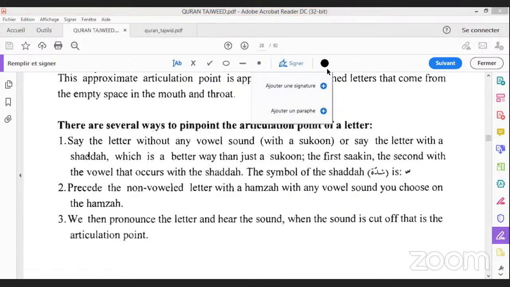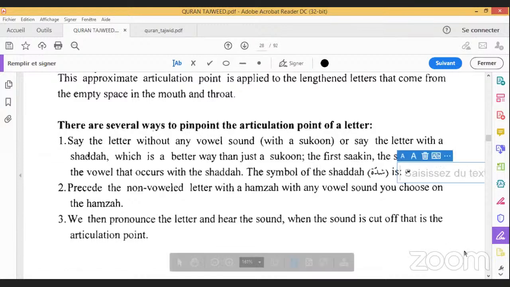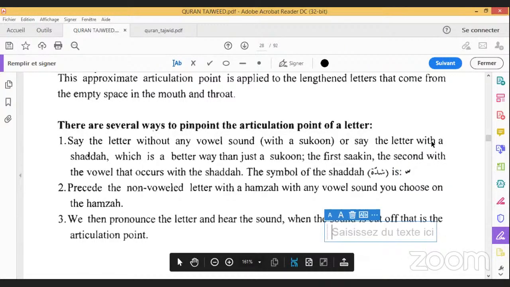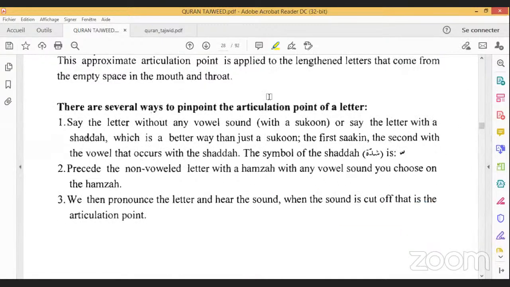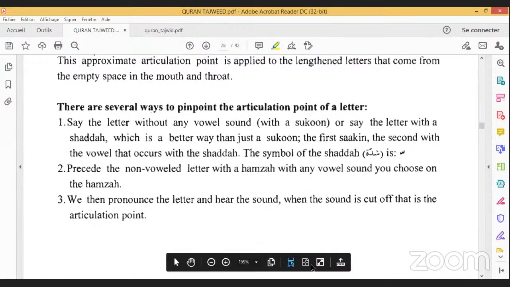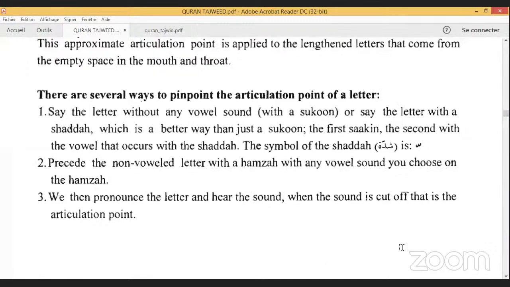No. So this is the shadda. This is the shadda. Okay, that's good. So I'm going to close this. And go back.